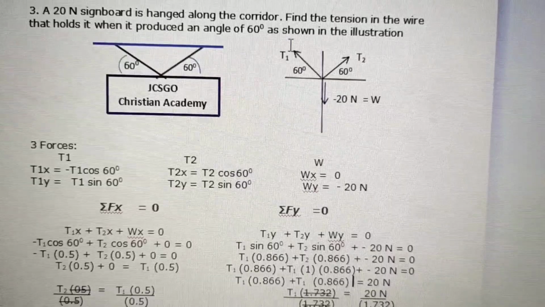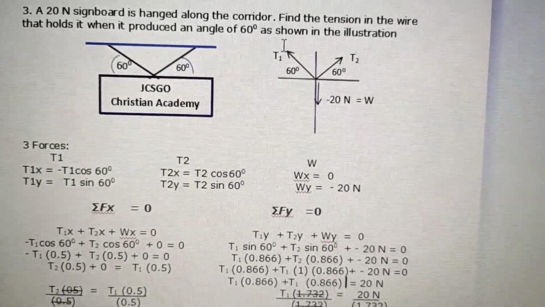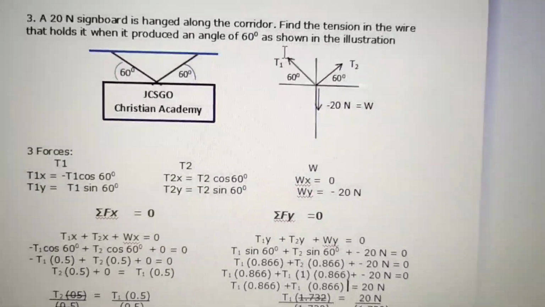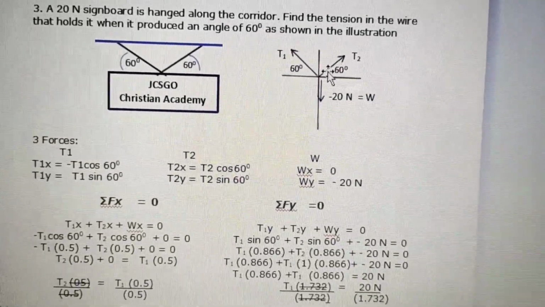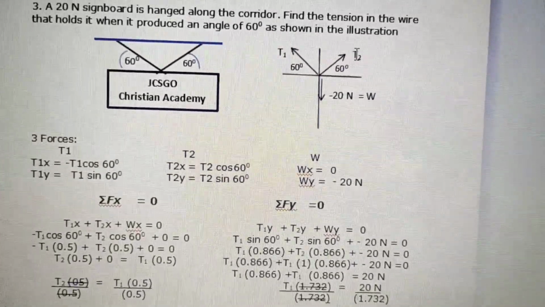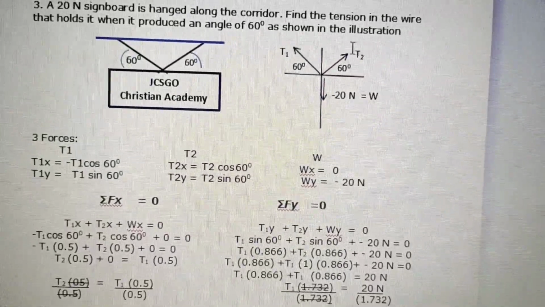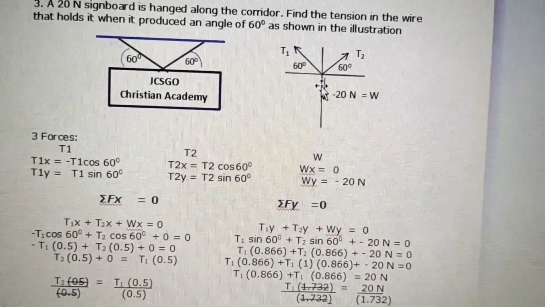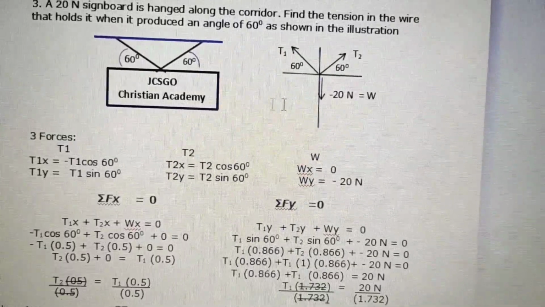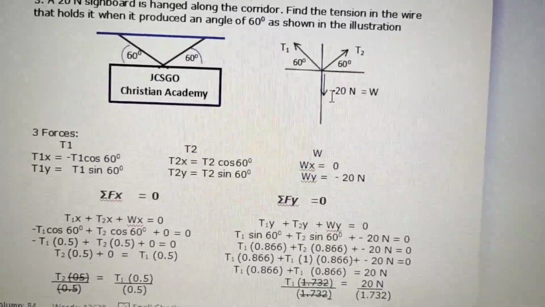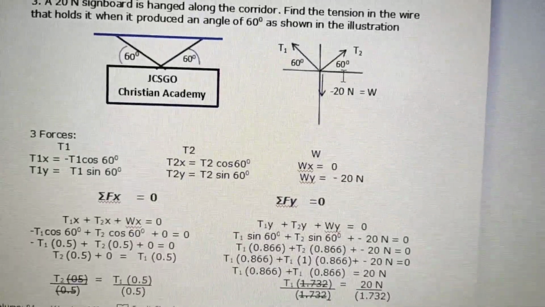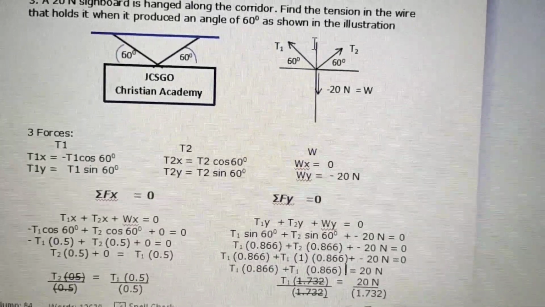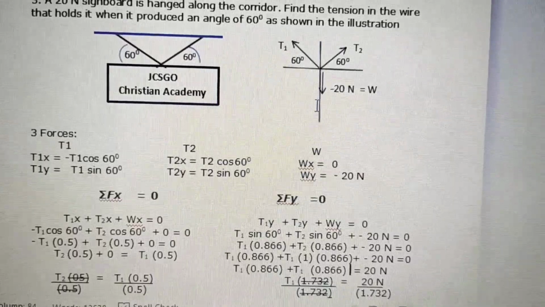For our first wire, it exerts a tension force as it holds the signboard, and then tension 2 is for the second wire as it holds the signboard, and another third force here is the weight of the signboard. Let me remind you that this is the x-axis and this is the y-axis.